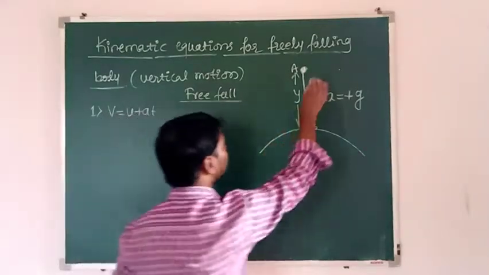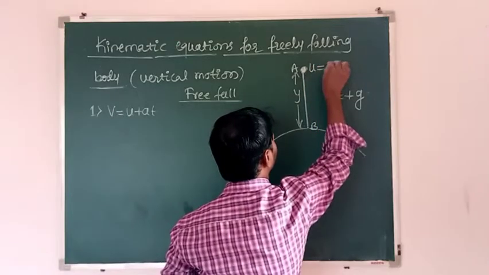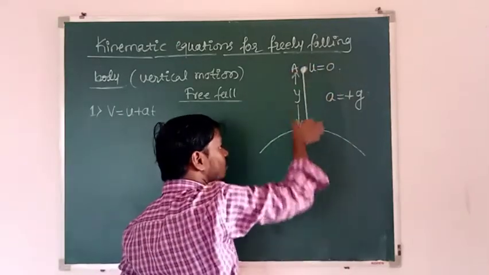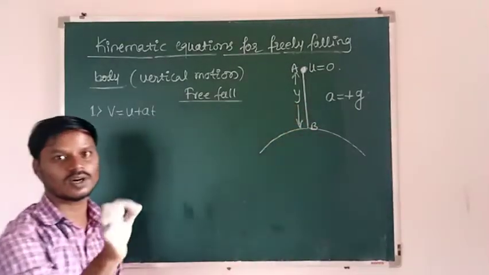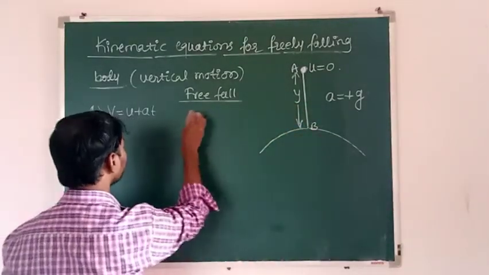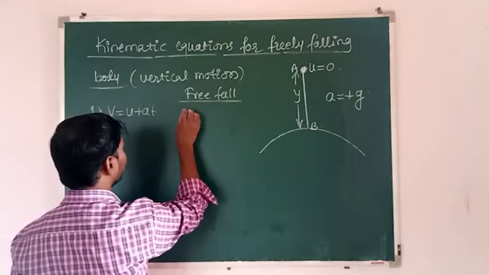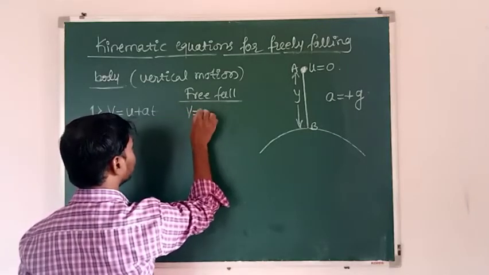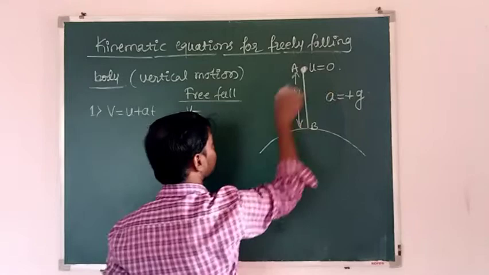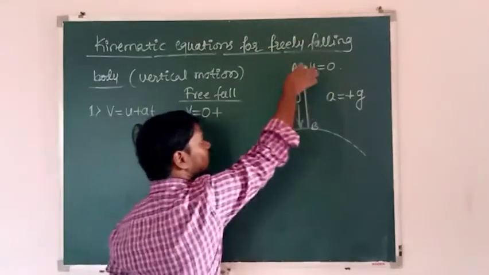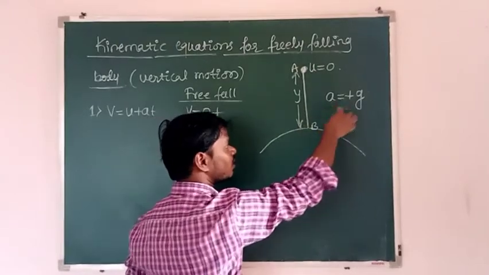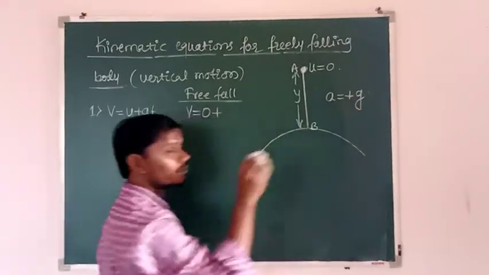Initially this body is at rest. When this body is released now, the vertical distance traveled by the body is y. So I will write this equation as v is equal to the initial velocity of the body, which is 0, plus the acceleration, which is due to the Earth's gravitational force. So that is why a can be replaced by plus g.